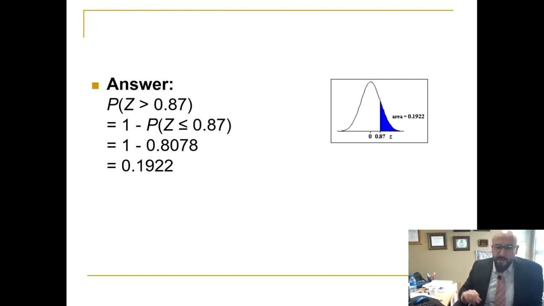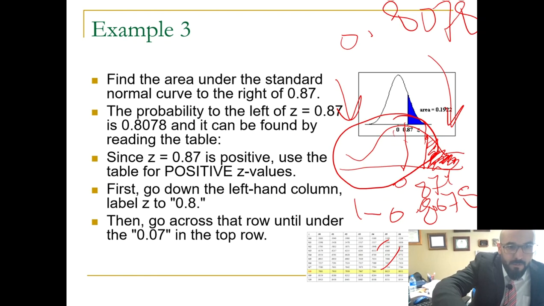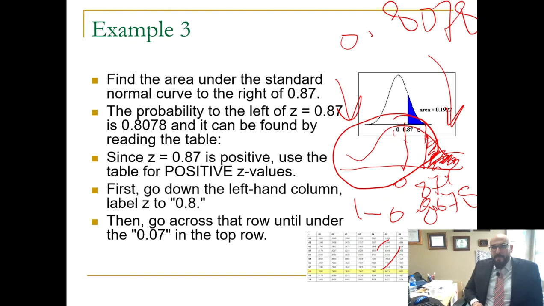All right, let me repeat that one more time. I know this is a really important topic, so I want to make sure that you understand what we can do here. Again, the score is 0.87, and this is the z-score. It's given to us. We don't have to calculate it.